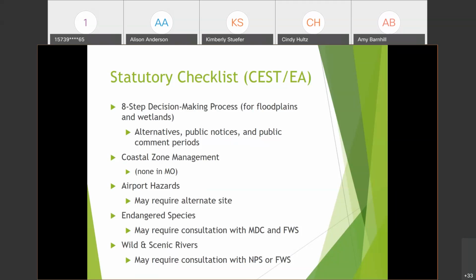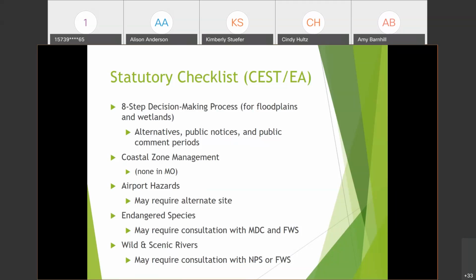Endangered species, this one, you would need the IPAC report and the Missouri Natural Heritage Report, which is on the Department of Conservation website. Both of these reports will give you a listing of potential endangered species habitats that are in your project area.